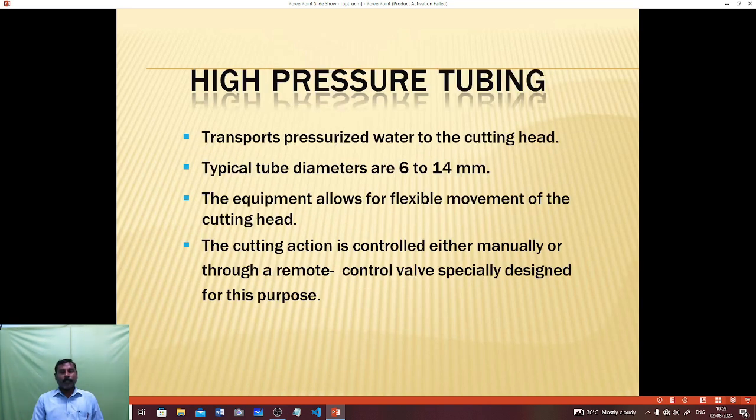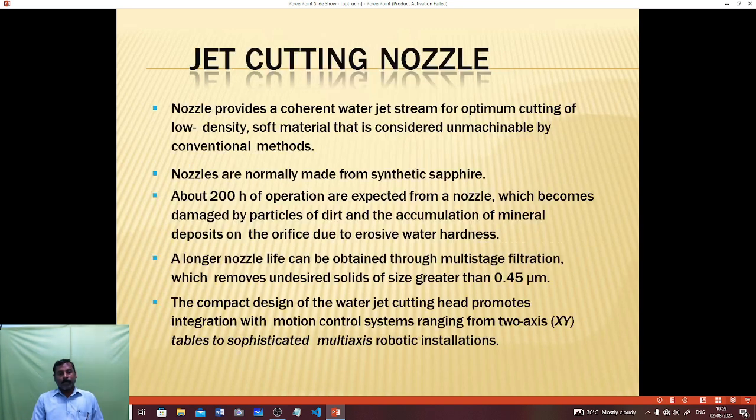And high pressure tubing transports pressurized water to the cutting head, with a typical tube diameter of 6 to 14 mm. The equipment allows for flexible movement of the cutting head. The cutting action is controlled either manually or through a remote control valve specially designed for this purpose.